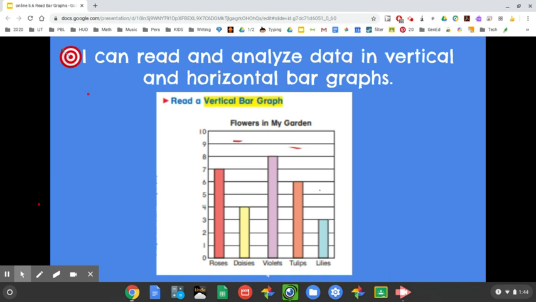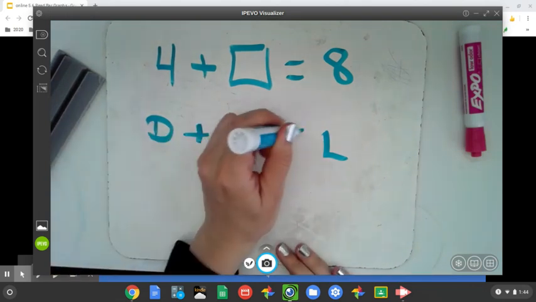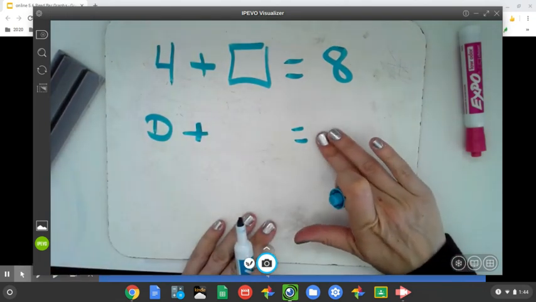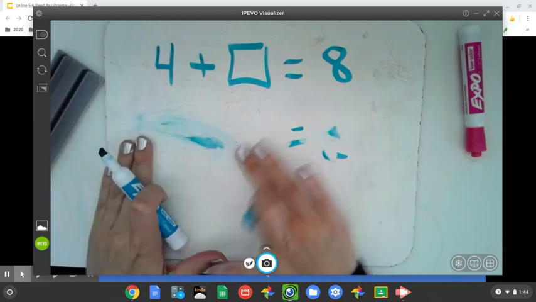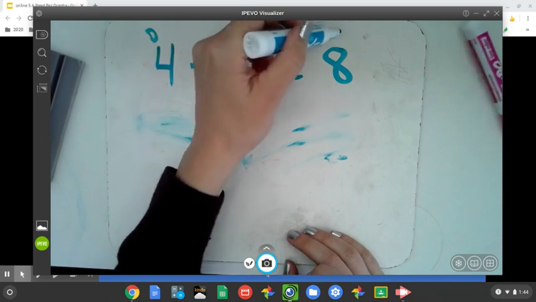If I say I have 4 daisies, plus I'm looking at how many unknown to get to 8 lilies, then my equation will look something like this. I can find and count up to that unknown. So here's my daisies.